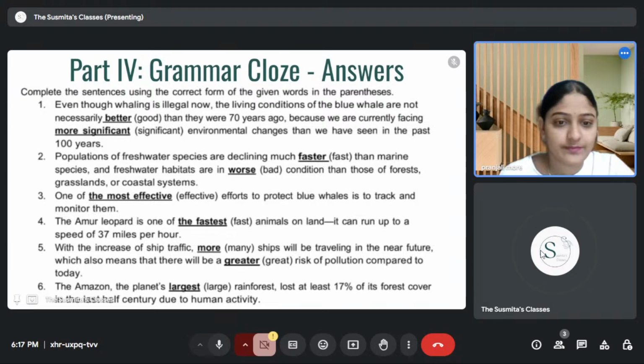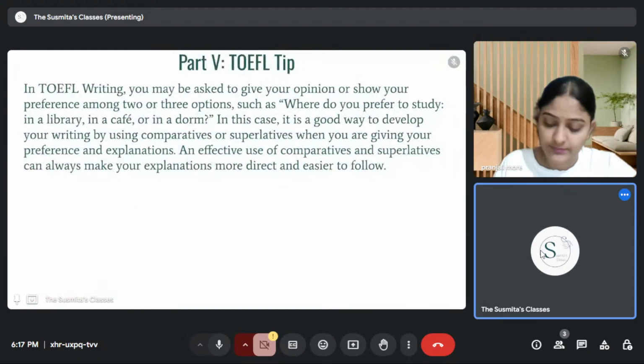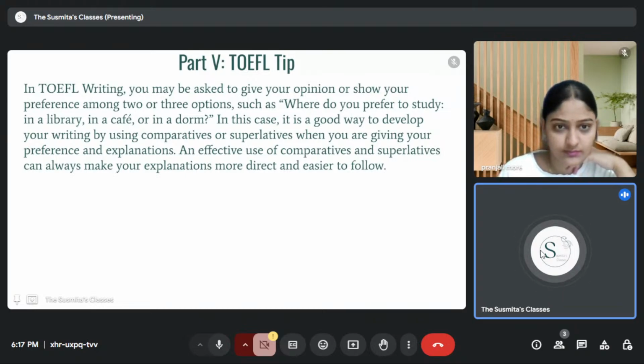Okay, great. Next, over here, whenever we are writing, we have to make sure that we use these kinds of adjectives. They help us to get a better score. For example, if you have been asked a question like, where do you prefer to study? In a library, in a cafe, or in a dorm?